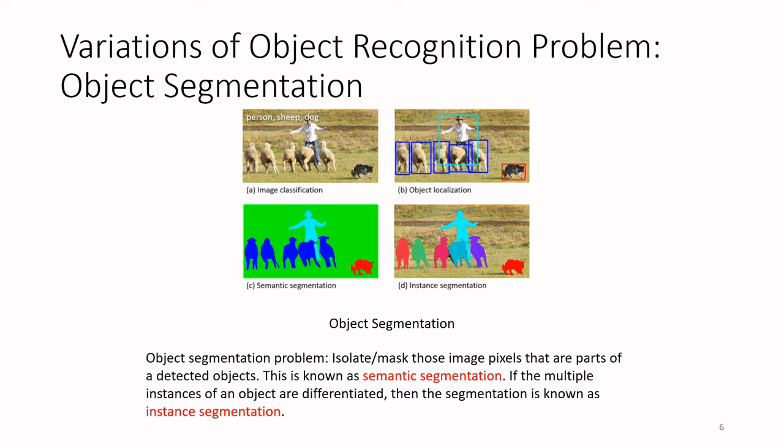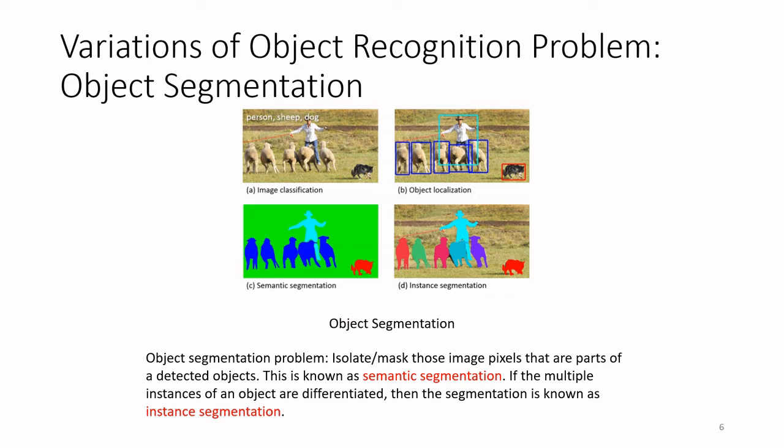Then we have isolated all those pixels that are part of the sheep present in the image, and we are coloring them with a different color. And then we have also isolated all those pixels that are part of the dog in the image, and we are showing them in a different color.